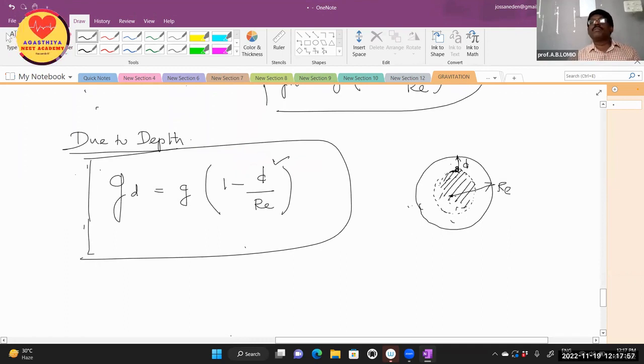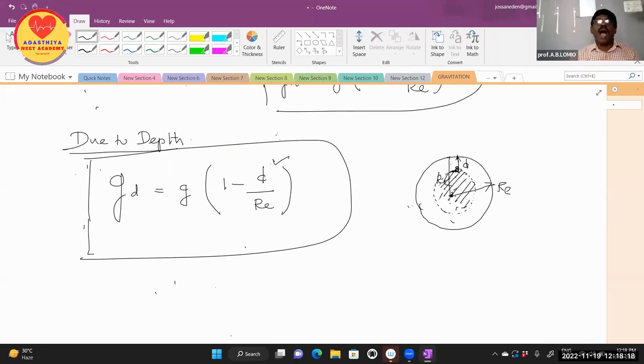See, this is the formula. If you want to calculate the acceleration due to gravity at the center, measure the distance from here to here. This is RE. Substitute RE in this formula instead of d. RE gets cancelled, 1 minus 1 is 0.